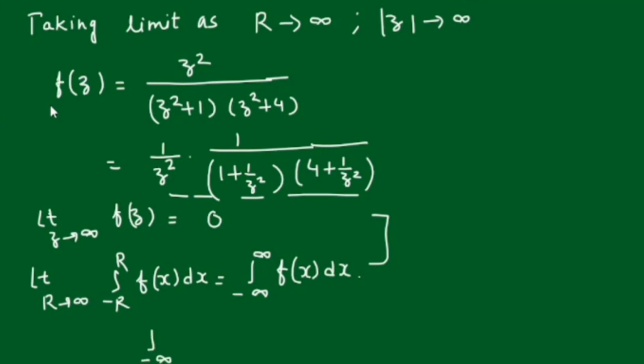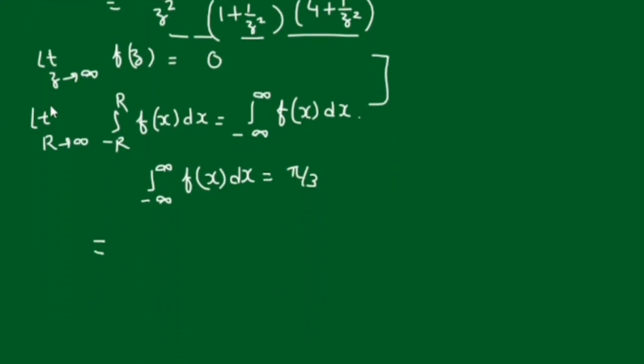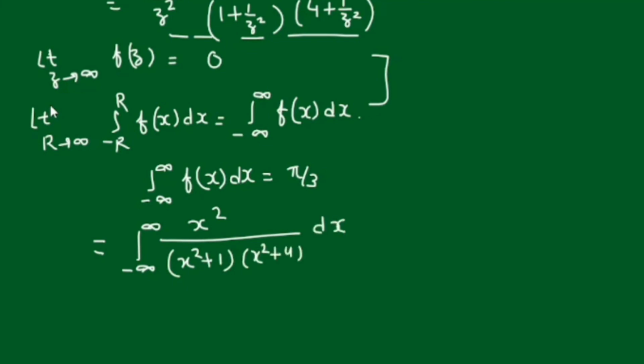So we'll get integral from minus infinite to plus infinite f(x) dx is equal to pi by 3. When we put the value of this function, we'll get integral from minus infinite to plus infinite x square divided by x square plus 1 into x square plus 4 dx is equal to pi by 3, which is our answer. In next lecture, we'll see one more example of the same topic, one different kind of example.